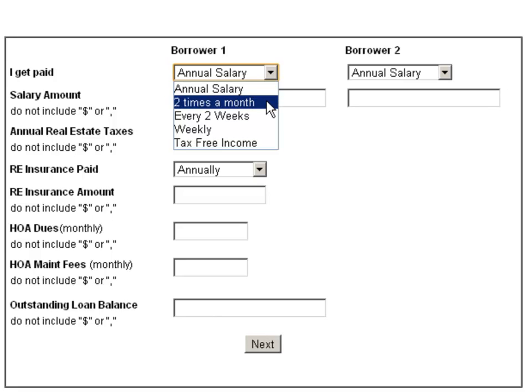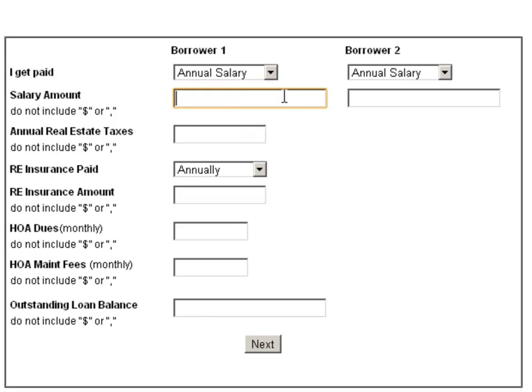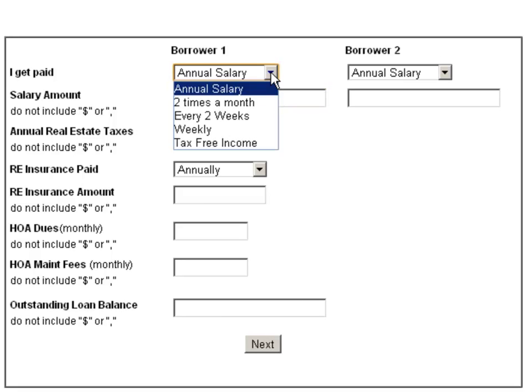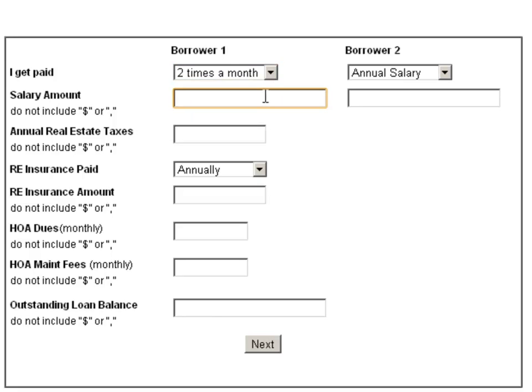If you get paid 2 times a month on the 15th and the 30th, you want to put in the number that corresponds to the paycheck that you get. Okay, so if you get paid on the 15th, just put down the information that you would get on the paycheck. Okay, if it turns into you get paid an annual salary but get paid 2 times a month, again, just select the annual salary.